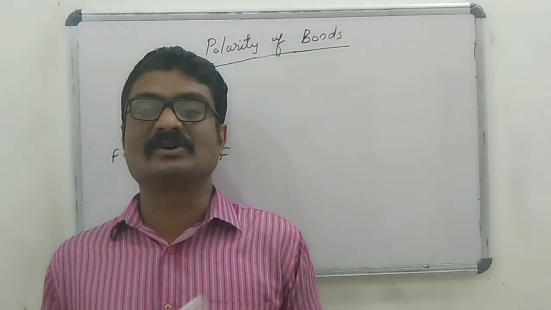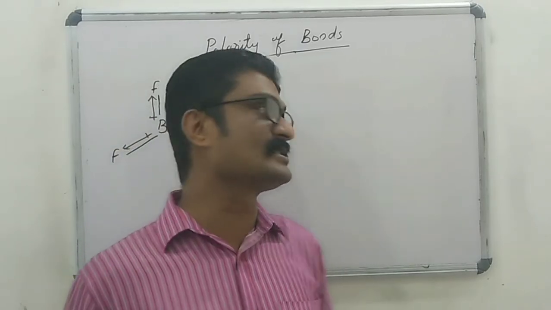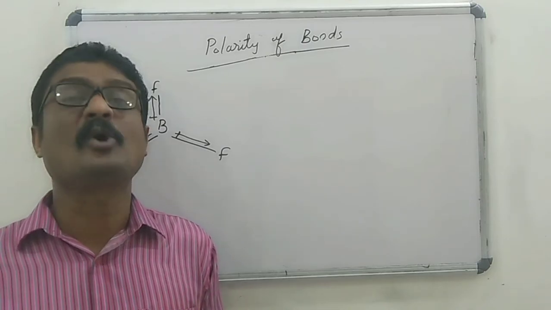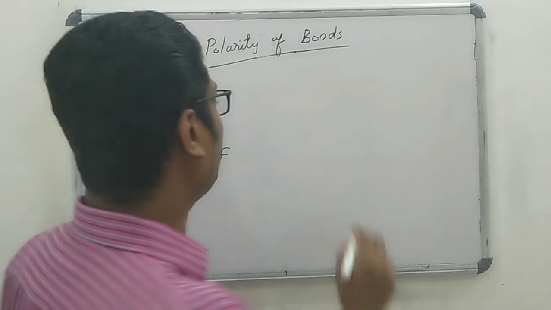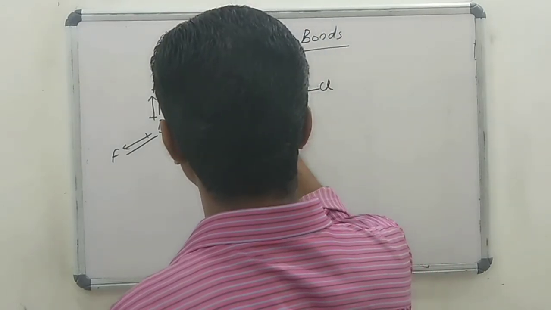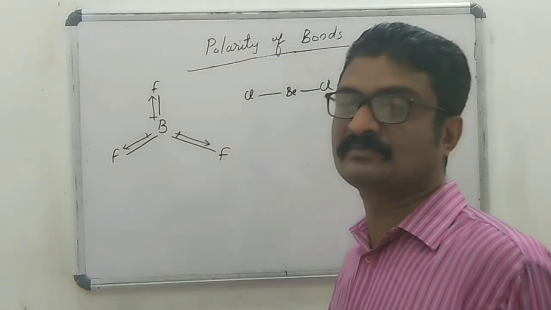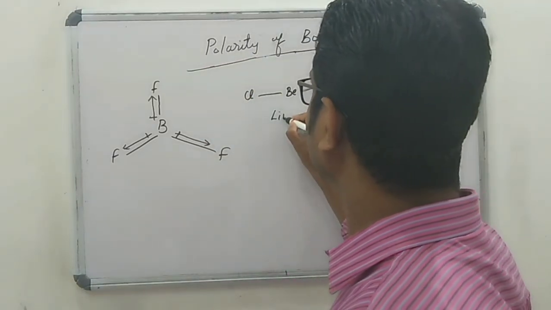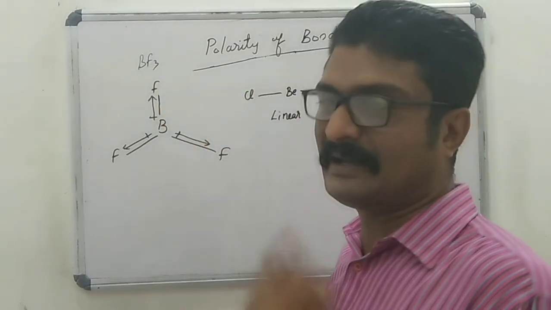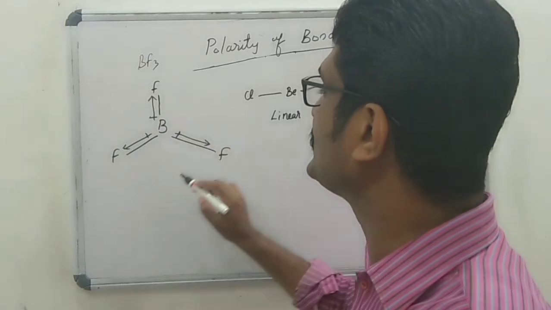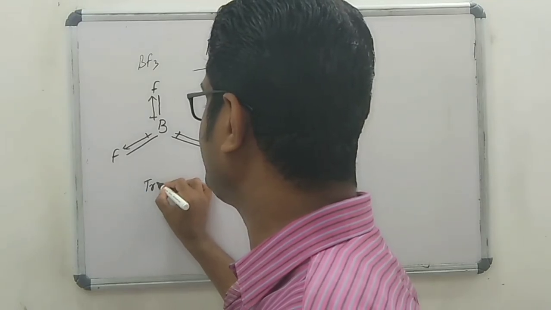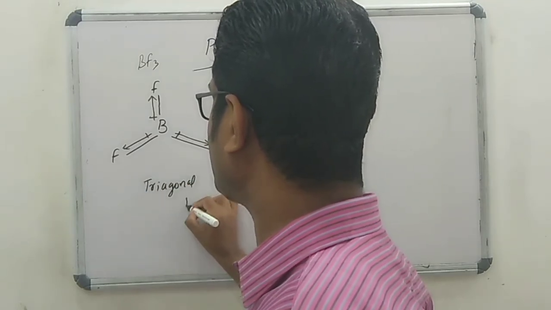Then, in case of molecules that possess regular geometry, what does it mean? The molecules having only bond pairs of electrons. We know BeCl2, beryllium chloride, having only 2 bond pairs of electrons, possesses regular geometry, linear. Then BF3, boron trifluoride, has only 3 bond pairs of electrons. It also possesses regular geometry, its shape is trigonal planar.